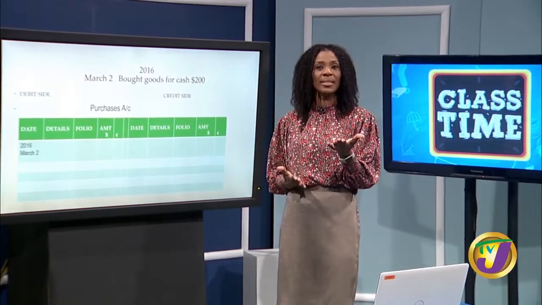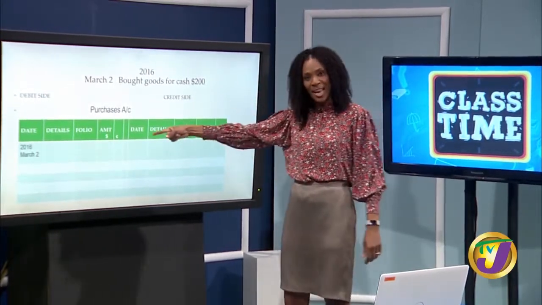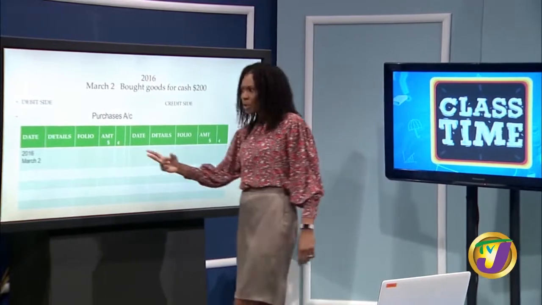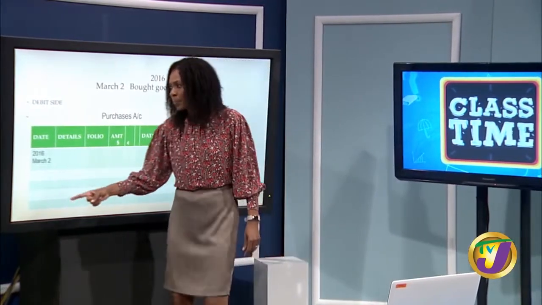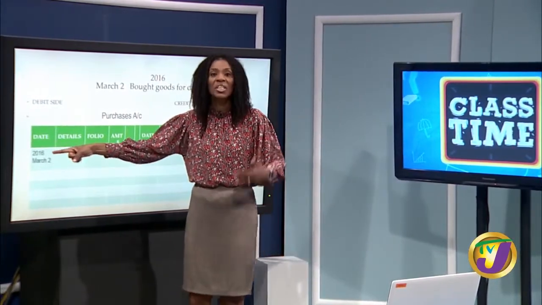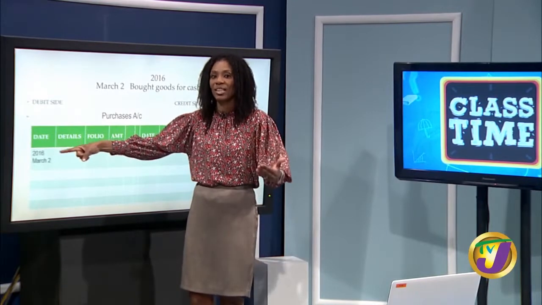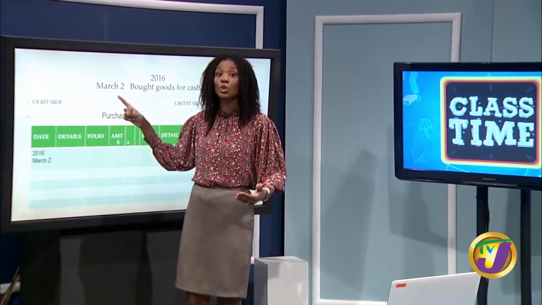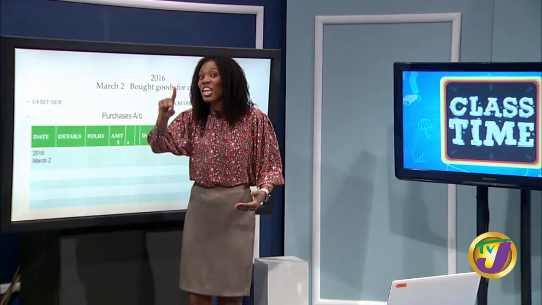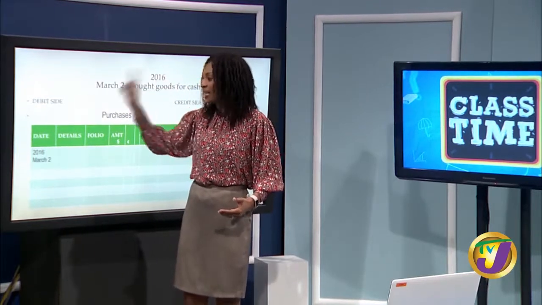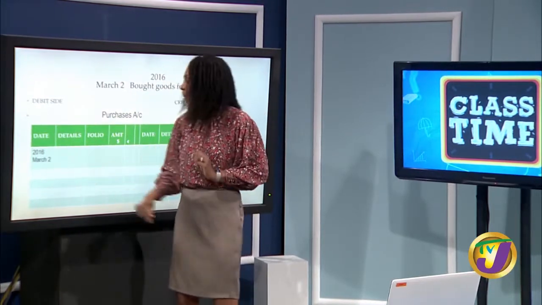Which side again is the debit side? The left side. Good. So you go to the ledger sheet now, students, and you enter the date. Which day did the transaction take place? March 2. Which year? 2016. You put that in the date column.